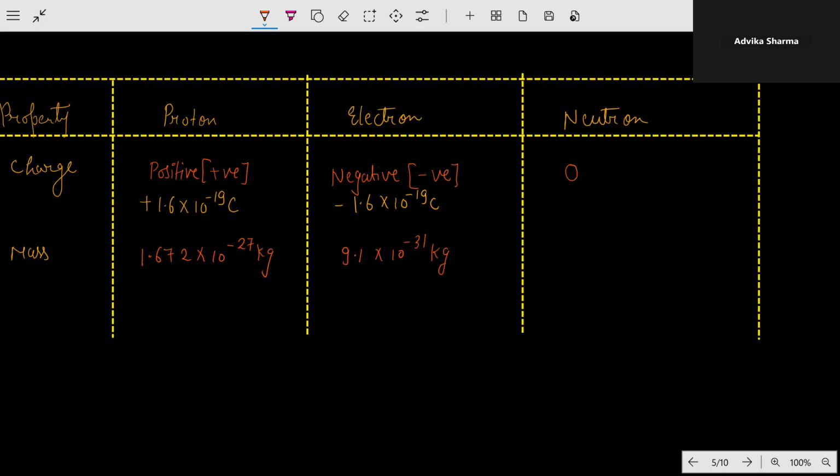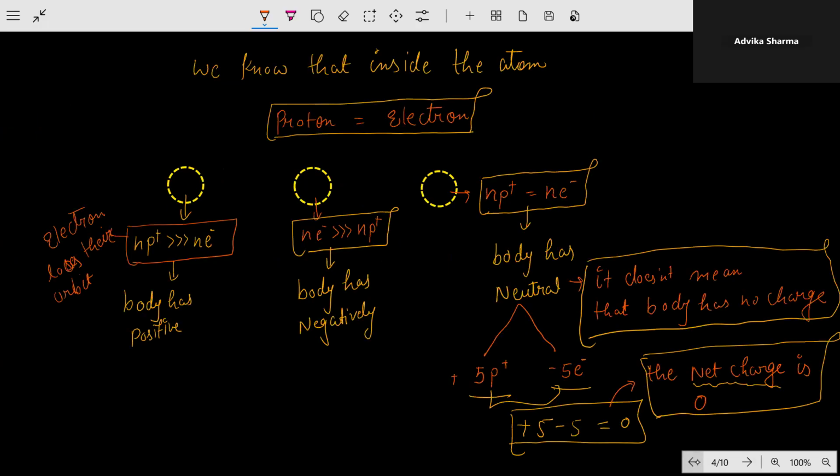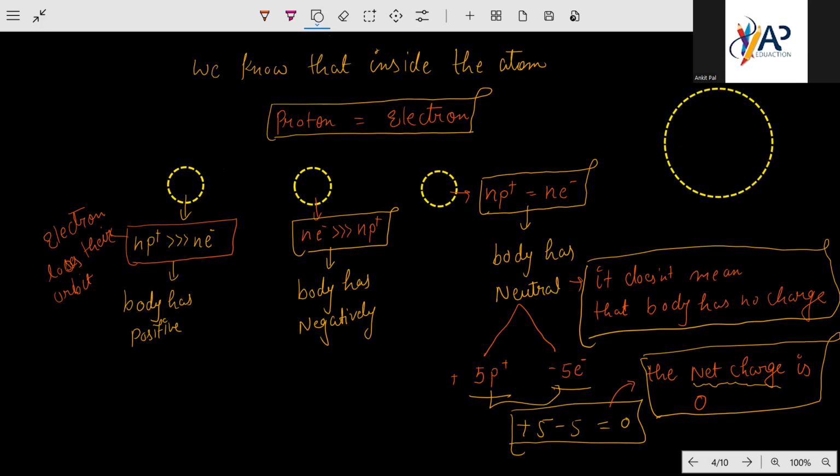One more question, sir. Before you said that, in an atom, if the positive and negative charges cancel out, it still has a charge. How does that work? Listen, suppose that this is a body.